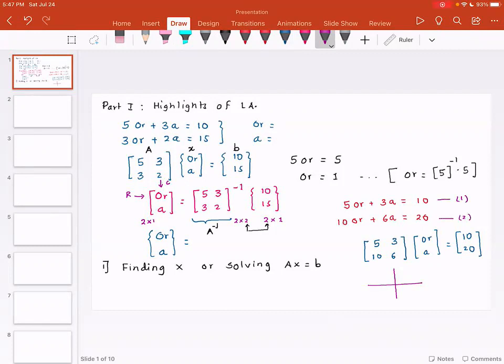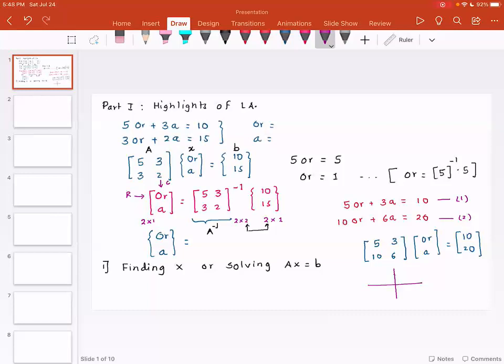Just imagine if I were to plot these two equations on an X, Y plane, we would notice that both of these lines coincide. They have the exact same slope and the exact same intercept.